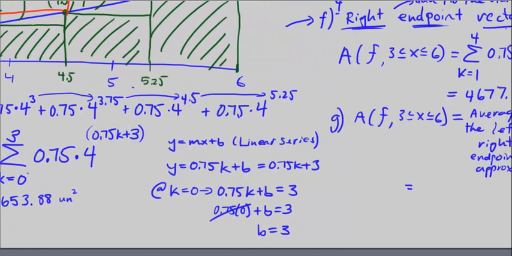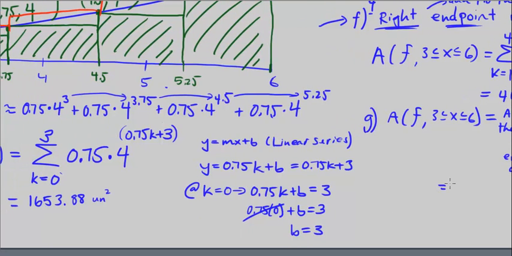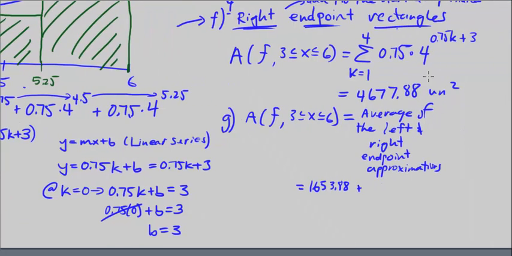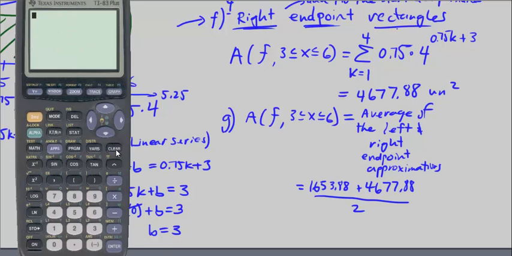So again, the best approximation we can deduce is going to be the average of the under and over. So that's just adding the under, 1653.88, copying from there, plus the over, 4677.88, and dividing that by 2. So that's going to be the average. Let's go ahead and do that. 1653.88 plus 4677.88.